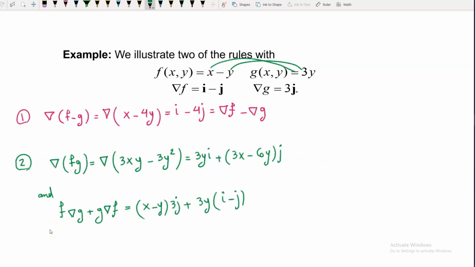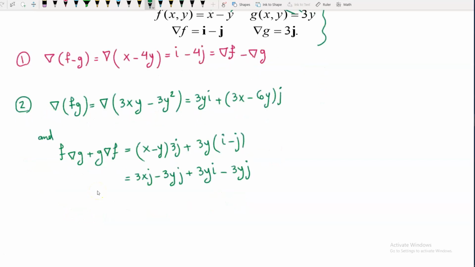And f times gradient of g plus g times gradient of f is equal to, based on what is given here on this part, x minus y times 3j plus 3y times i minus j. So here I'm multiplying, and this is equal to 3xj minus 3yj plus 3yi minus 3yj, and this is equal to 3yi plus 3x minus 6yj, which is equal to what we have here on this part.